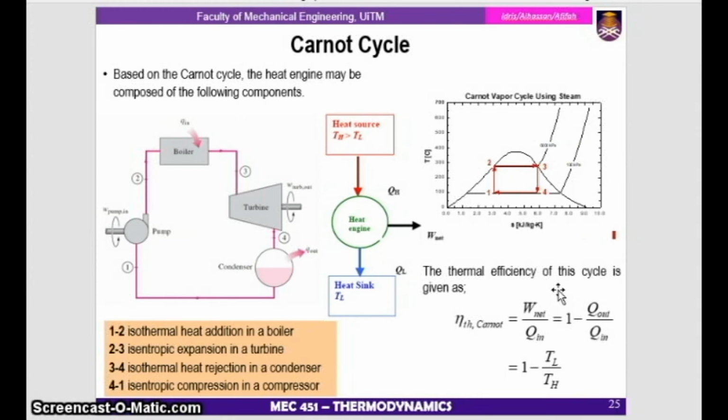What I told you is that in the Carnot cycle there are four devices that operate as a basic. The devices are: number one, pump or compressor; number two, boiler; number three, turbine; and number four, condenser.